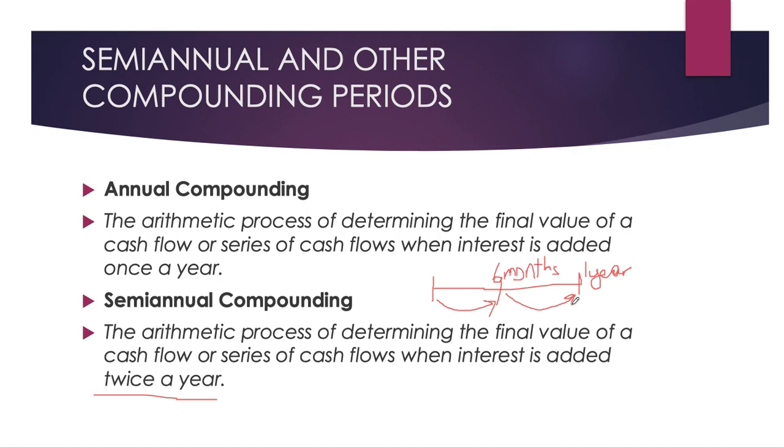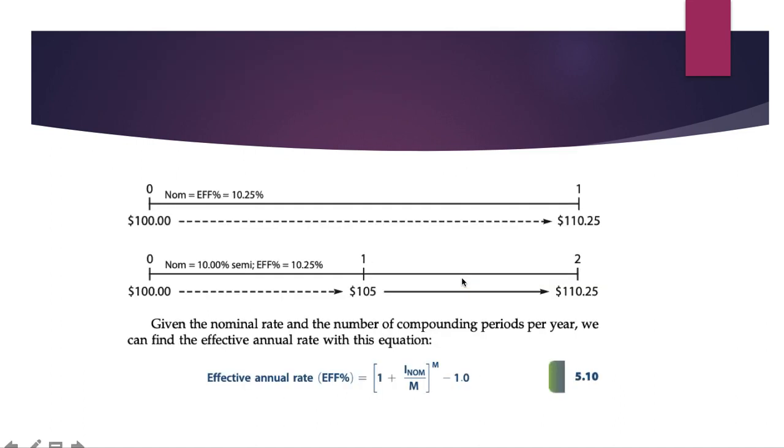So the more frequently we do this reinvestment, the more interest earnings are added onto our initial capital. So our money is growing multiple times as we compound during the year.